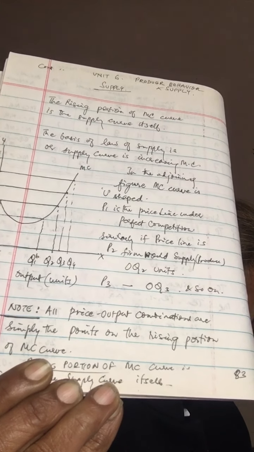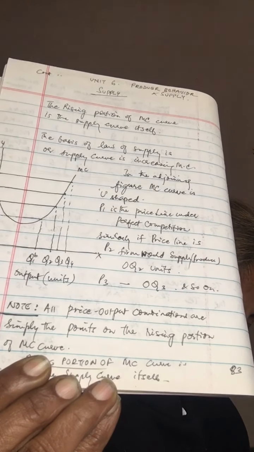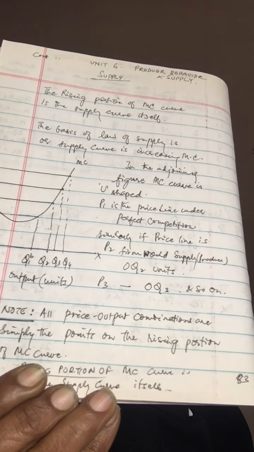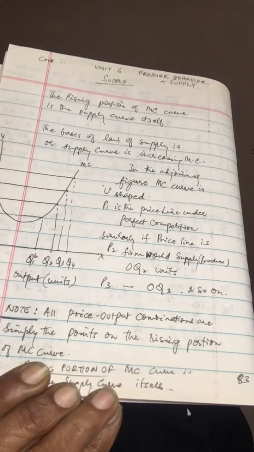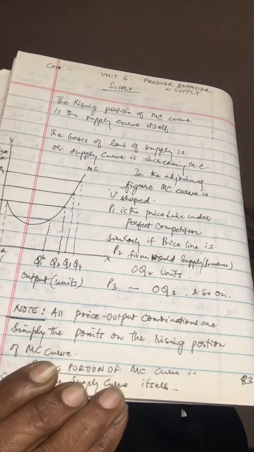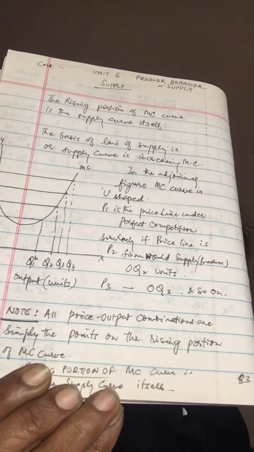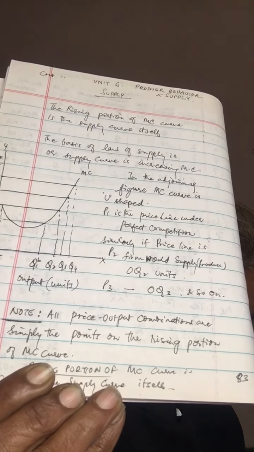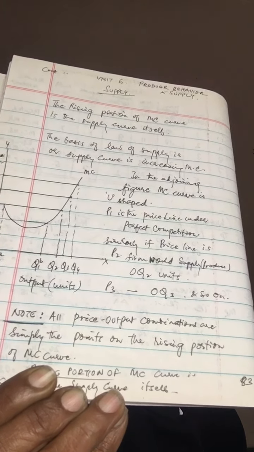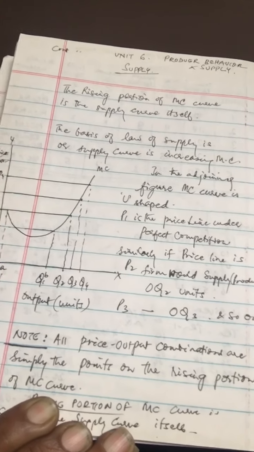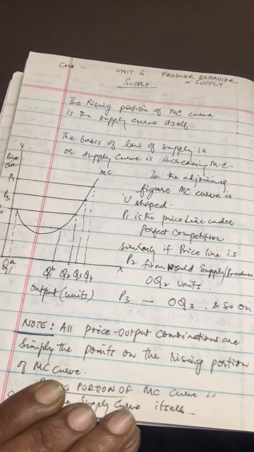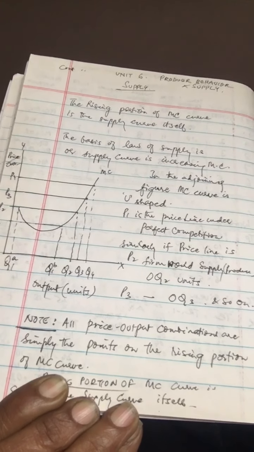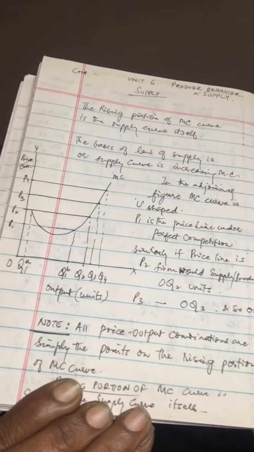So Q1A will not be the producer's equilibrium. He will not supply so few goods. He will continue to make more goods. So for him at P1, Q1B is the equilibrium level of output he will supply. So at this price, the quantity supplied is that much.